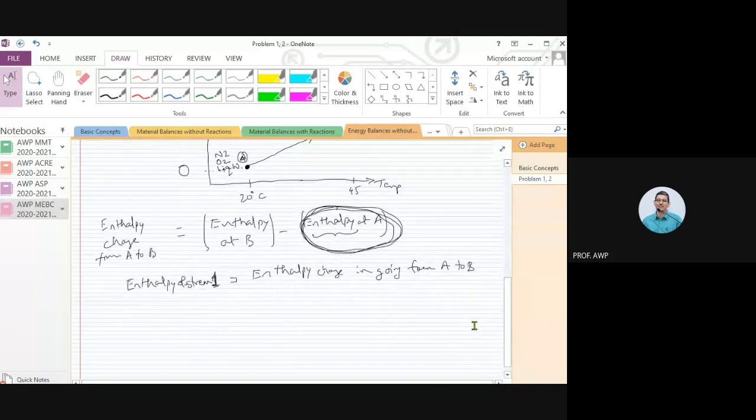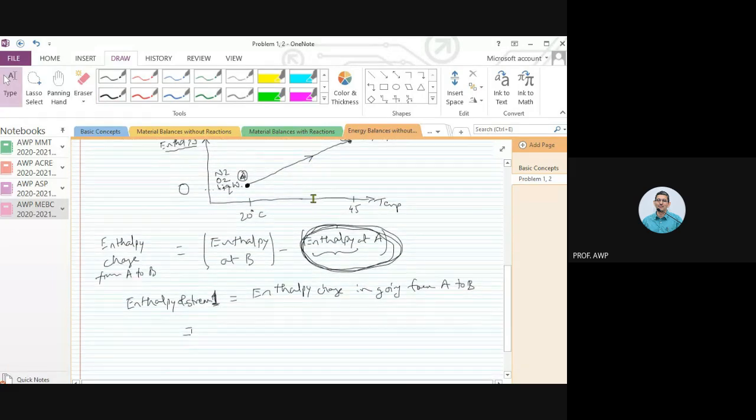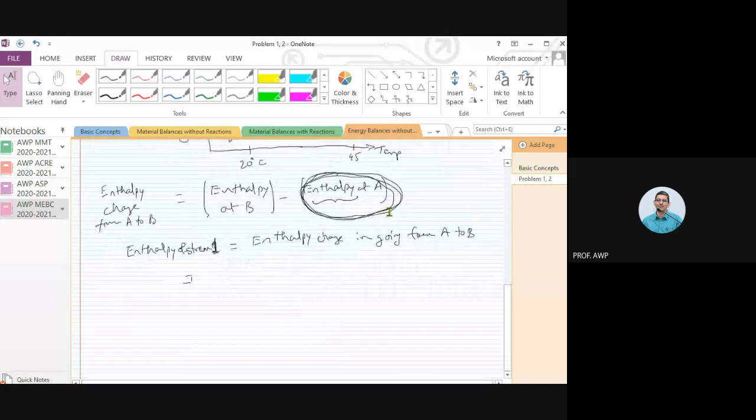So now what is the enthalpy change in going from A to B? At A, it is nitrogen at 20 degrees centigrade. I have to take it to 45 degrees centigrade. So moles of nitrogen into Cp of nitrogen into 45 minus 20 plus moles of oxygen into Cp of oxygen into 45 minus 20.